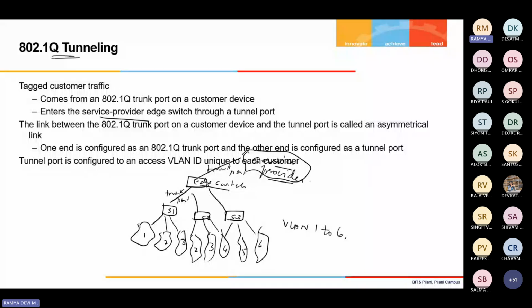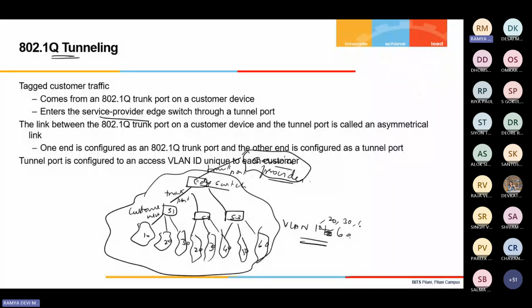This is the customer network. The customer has configured, say, 10, 20, 30, and again here 20, 30, 40, 50 and 60. So 10, 20, 30, 40, 50, 60 are the IDs used within the customer network.